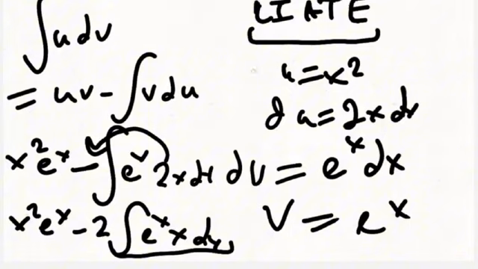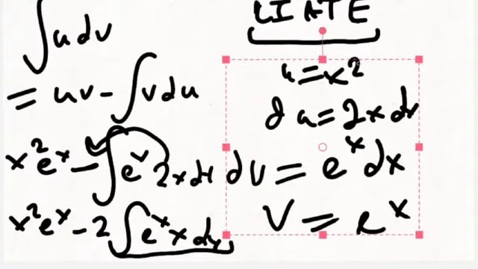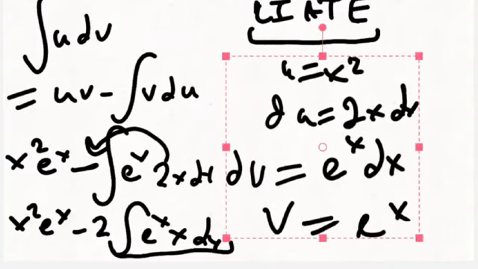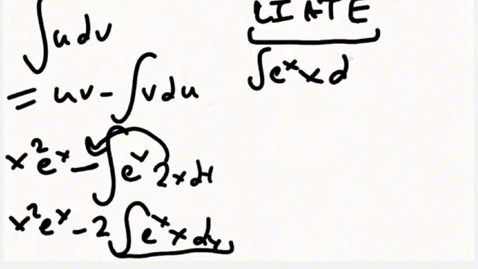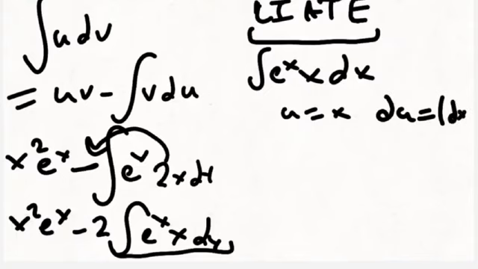So let's do that again. So we have the integral of x e to the power of x dx, and here we have u is equal to x, du equals 1 dx, because of course x is the algebraic term. Like before, x squared was the algebraic term, now x is the algebraic term, and x comes before exponents in LIATE.